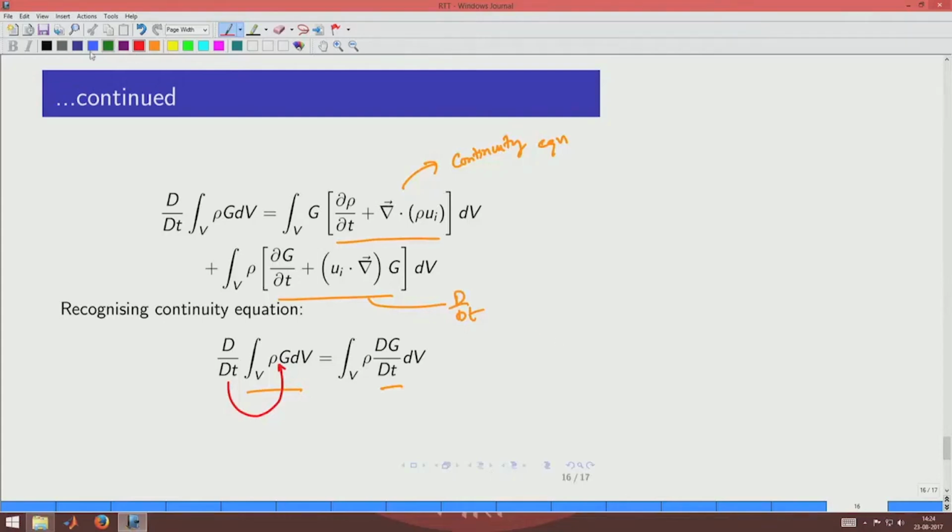when we have terms like this, for example, we can then use the Reynolds transport theorem to write it in this manner. Okay.